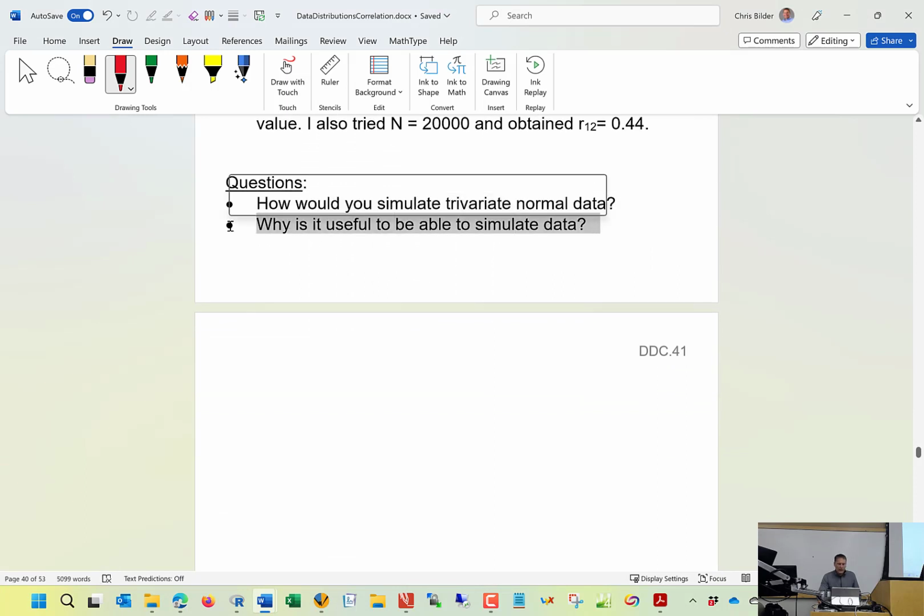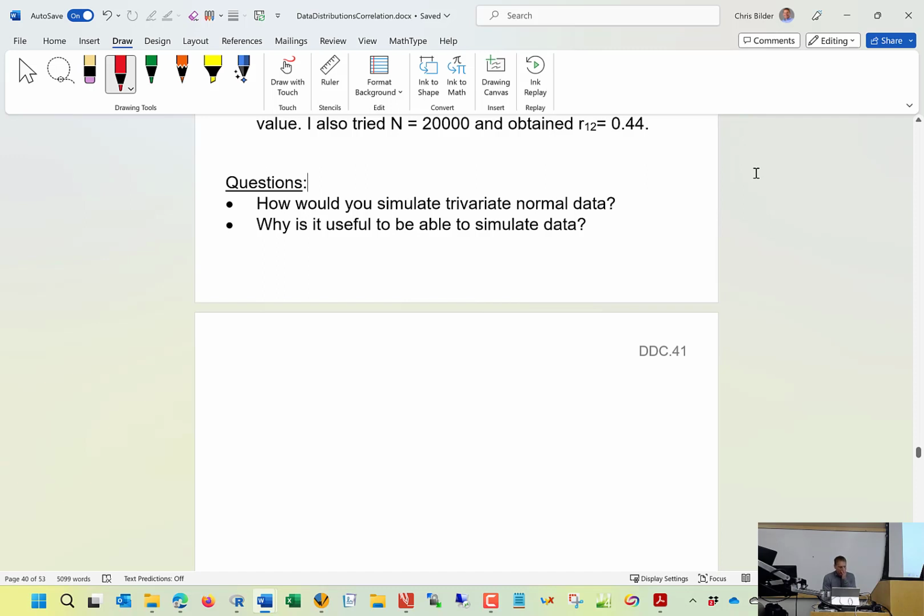So why do you think it's useful to be able to simulate data in the first place? Any thoughts? Something I always talk about in Stat 801 because I talk about simulating data a lot. To get an idea of the hypothesis you're trying to test.